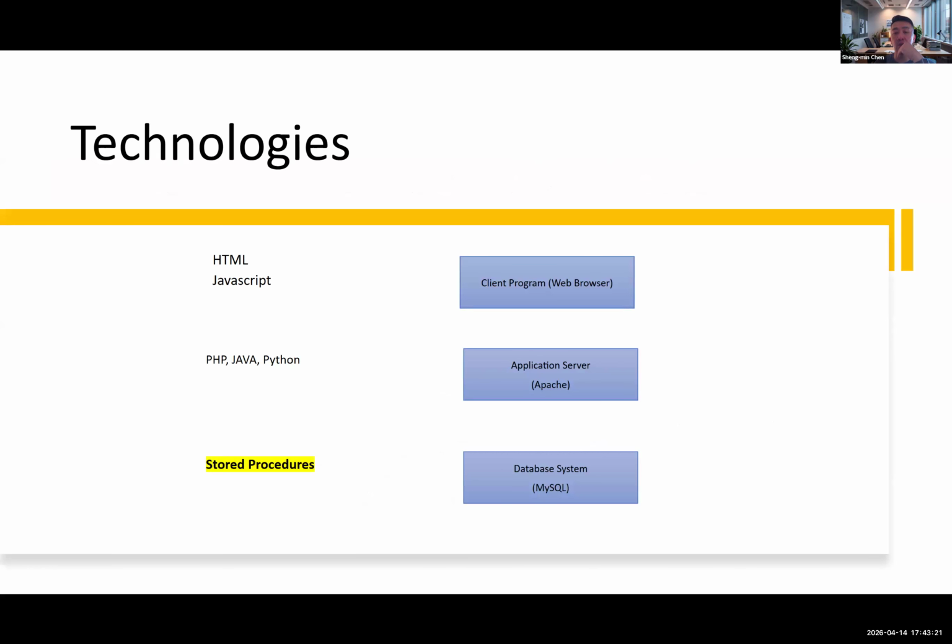So the technology, as you can see, on the web browser tier, the client program will probably be in JavaScript and HTML, right? And on your application or web server side will be PHP, Java, or Python. The database system will be your MySQL or any other relational database type.